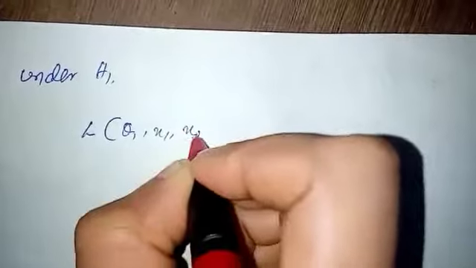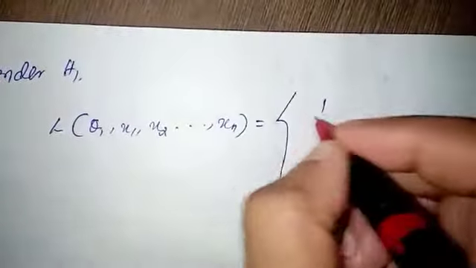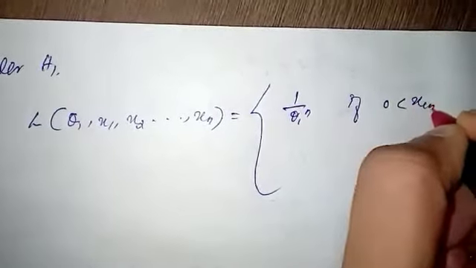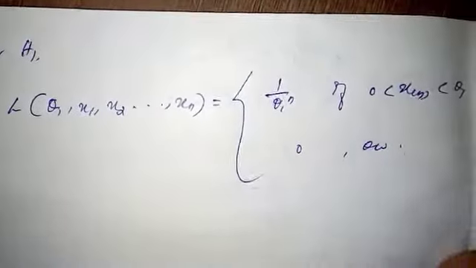Then under H1, the likelihood L theta 1 of x1, x2, so on xn, equals 1 by theta 1 power n if 0 less than xn less than theta 1, 0 otherwise, right?